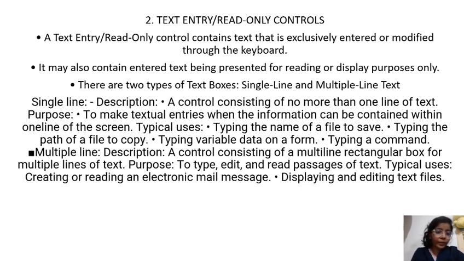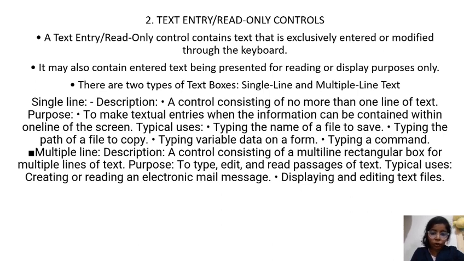When it comes to the single-line description, it is a control consisting of no more than one line of text. Its purpose is to make textual entries when the information can be contained within one line of the screen.